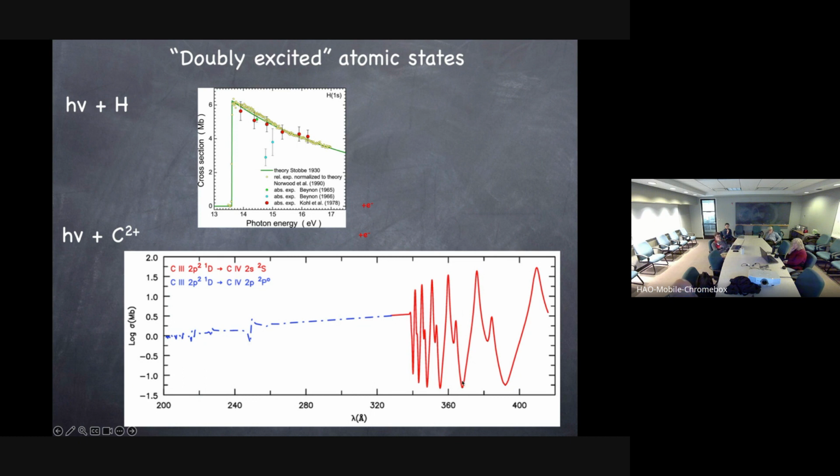We saw some of these things briefly, and they are called autoionization resonances. I hate to use those words because they can be rather confusing to somebody who's not familiar with the language. What this is a manifestation of is multiple electrons being moved around at the same time.